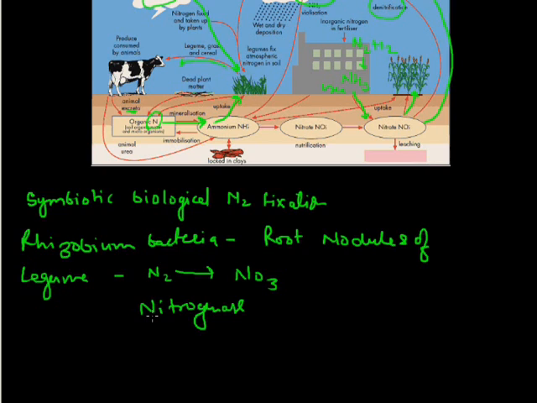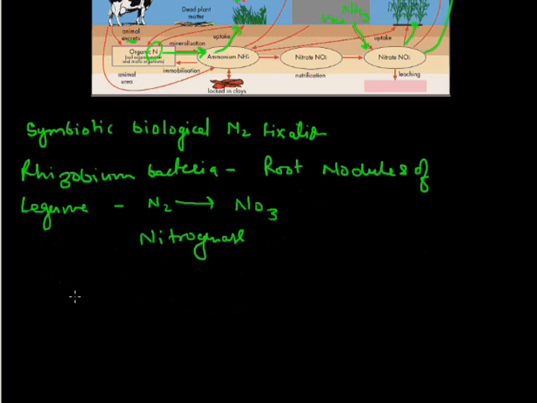First of all, this nitrogen converts into nitrate. This is known as nitrogen fixation. Whenever nitrogen converts into ammonia, it is good. So what is the role of nitrogen in the plant? Plants use nitrogen in the form of nitrate, NO3, and convert it into proteins.